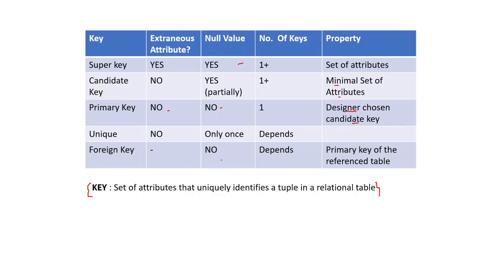And yes, a foreign key cannot have a null value, because a foreign key is a primary key of another table, so obviously it cannot be left null. And the number of keys, how many foreign keys in a table? That depends again on the system requirement. And this is an important property: the foreign key is the primary key of a referenced table.